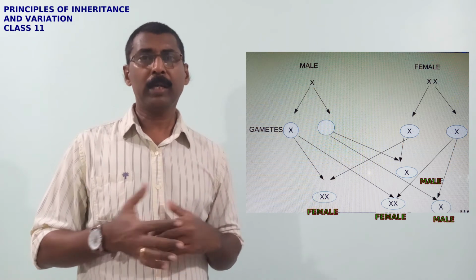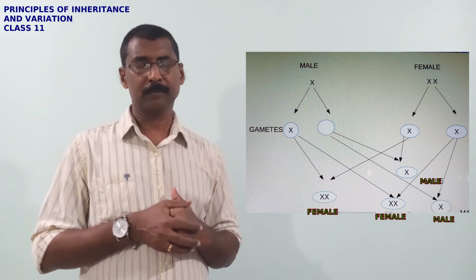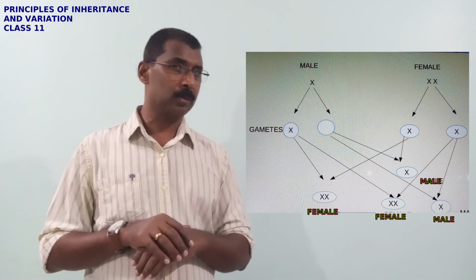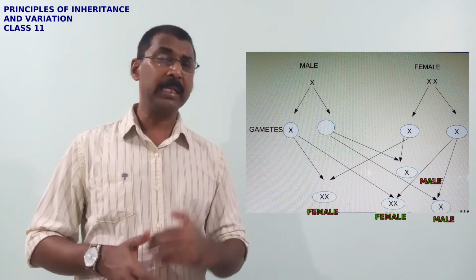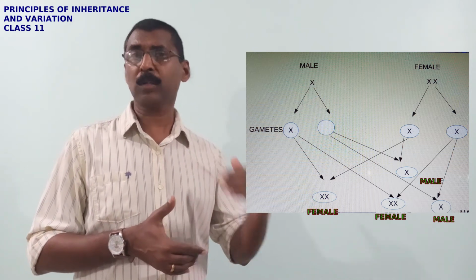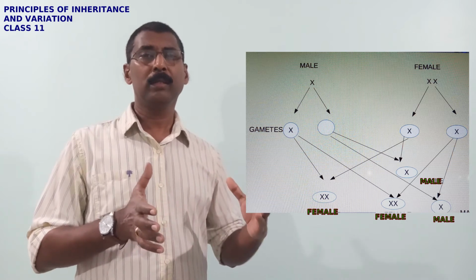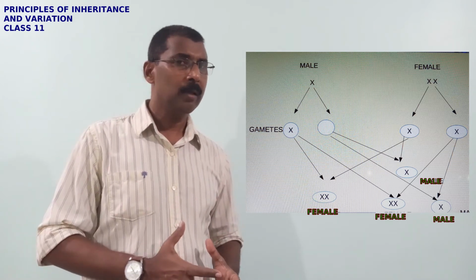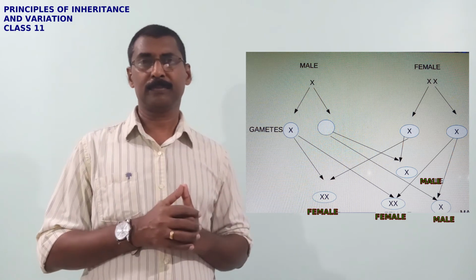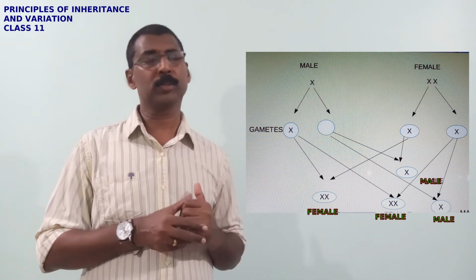Okay. Now let us come to the fertilization. When an egg with X chromosome, all the eggs are with X chromosome, fertilizes a sperm with X chromosome, again the diploid condition is regained and the zygote will become XX with two X chromosomes.